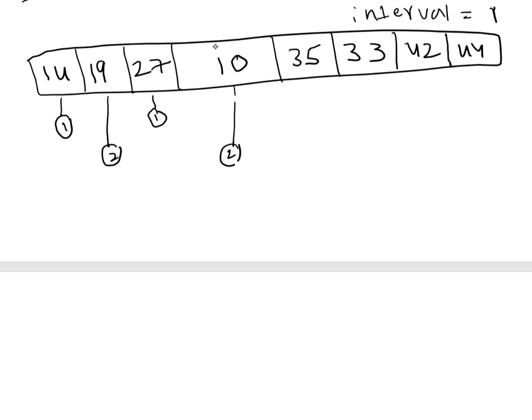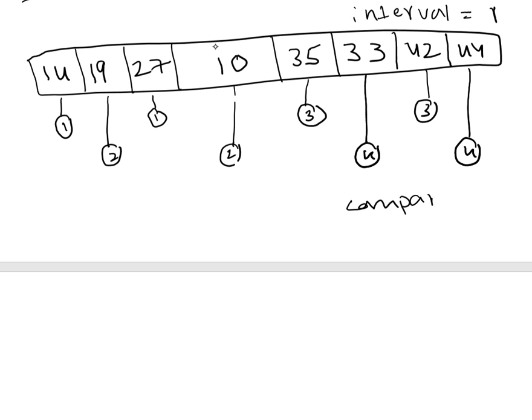Done. And then 35 as 3. I'm leaving 1. I'm taking this as 4. Now what am I doing here? Again compare, and if required, swap. So 14, 27: no changes required.